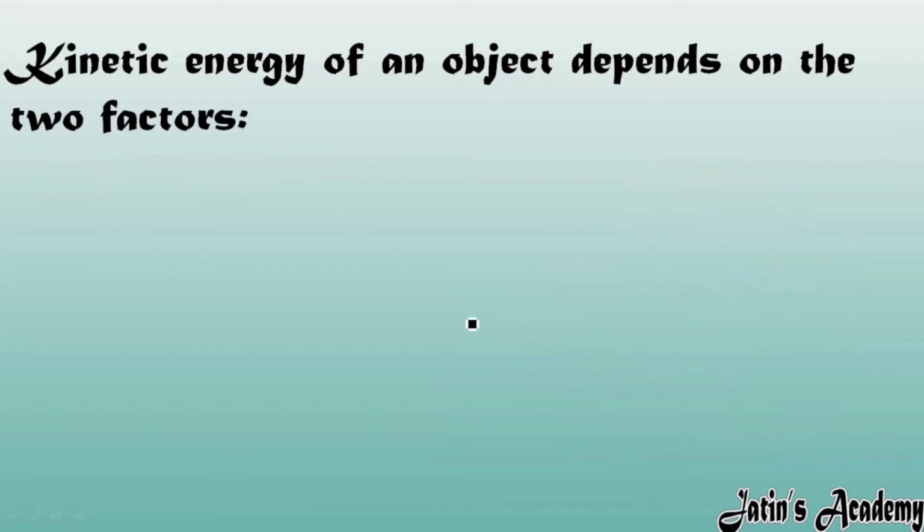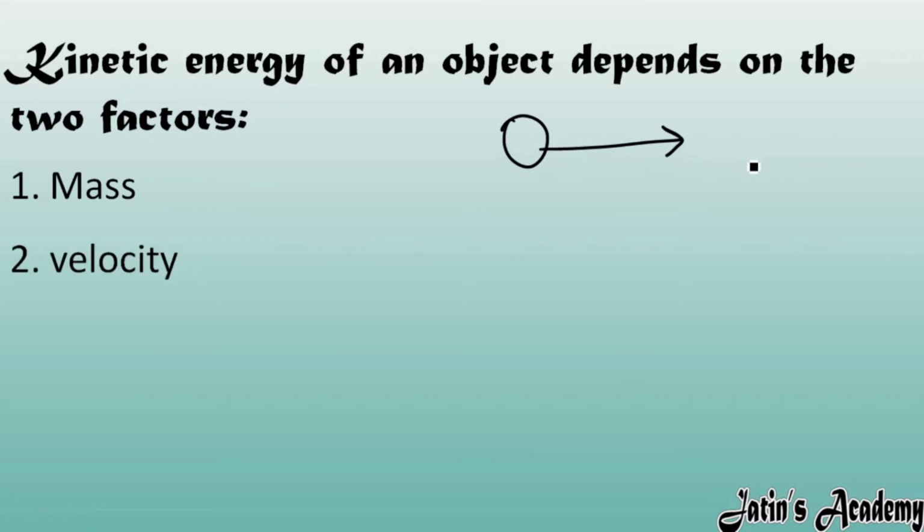Fine. So kinetic energy depends upon two factors. First we have the mass of the object, meaning how much mass the moving object has. Second is with how much velocity, or you can say with how much speed, that object is moving.